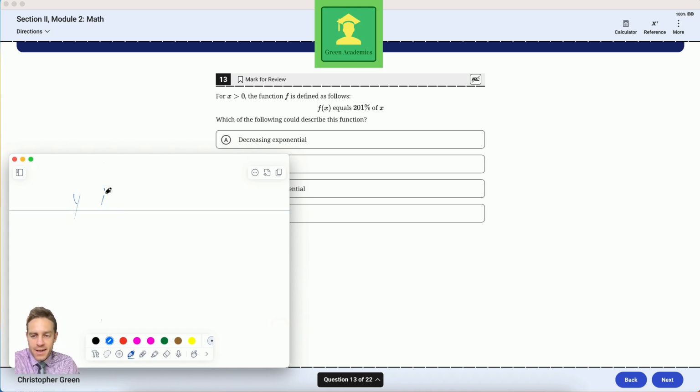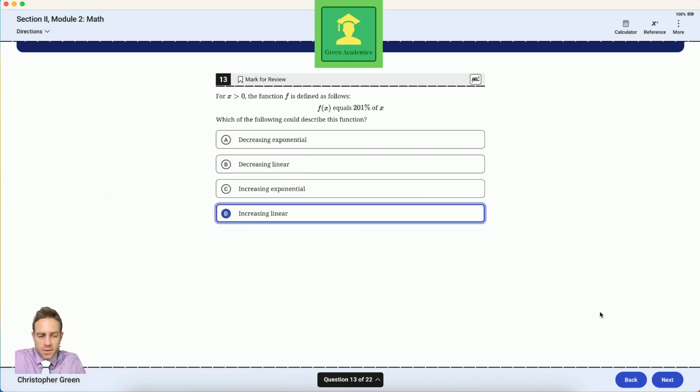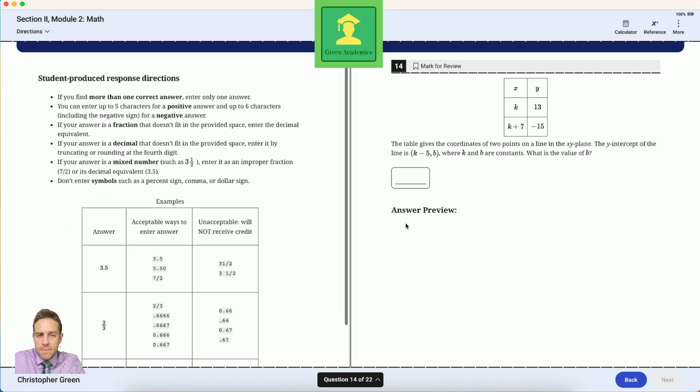So y is, I'm writing it in words, 201% of x, which is simply y equals 2.01x, which we all know is just an upward sloping line. It's just a line with a slope of 2.01 that goes through the origin, which is increasing linear. So for a question like this, whenever your instinct is to answer it really quickly, always take a deep breath and look at all 4 answer choices.